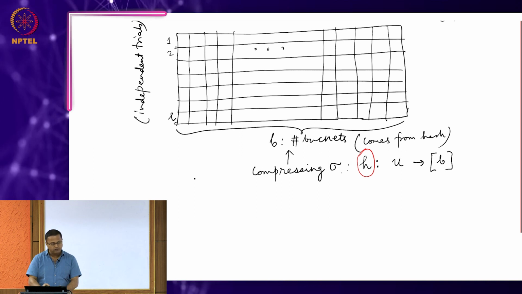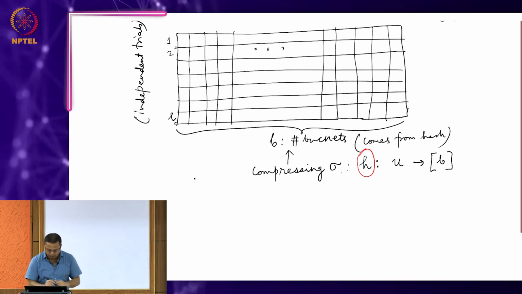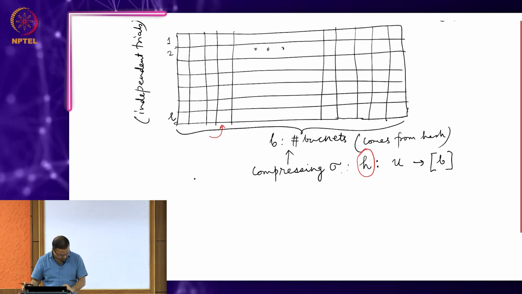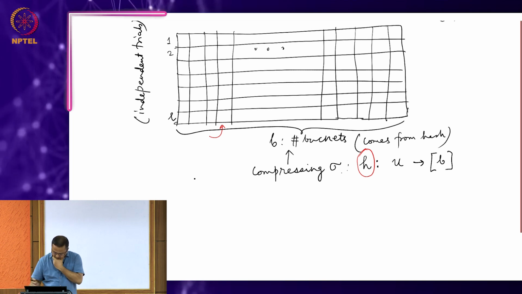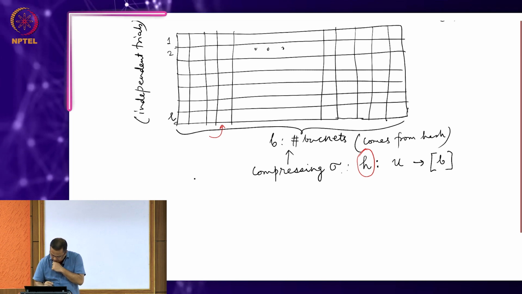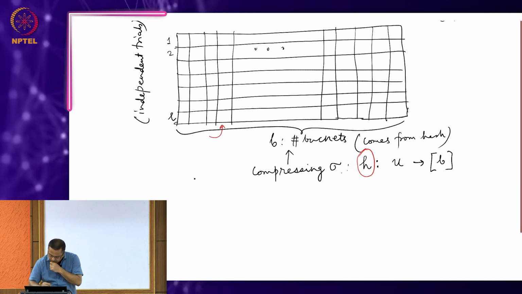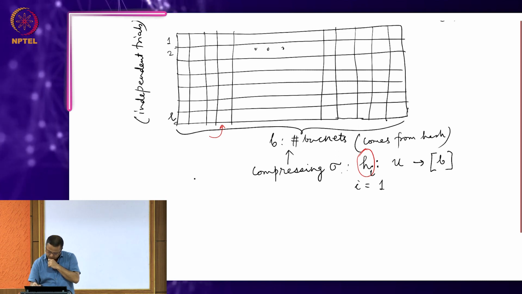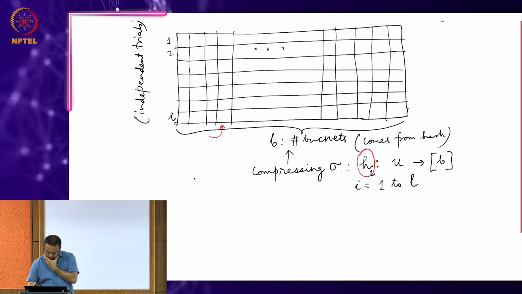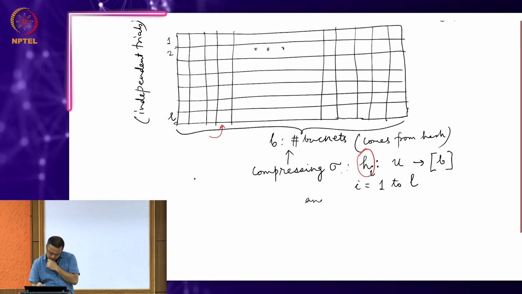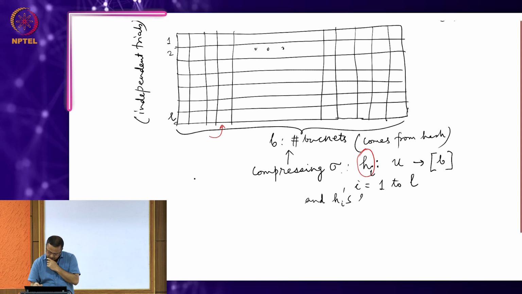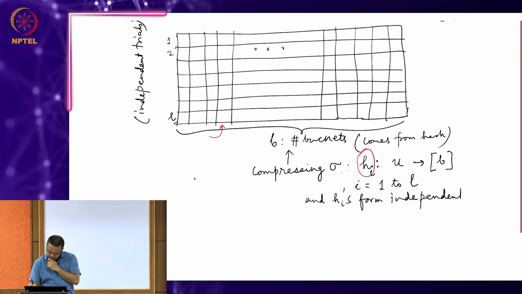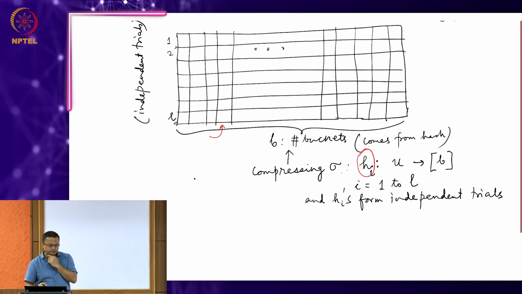Fine. So, this hash function takes an element of a stream and hashes it to one of these locations. Let me index these hash functions with hi, where i equals 1 to L, and the hi's form independent channels.